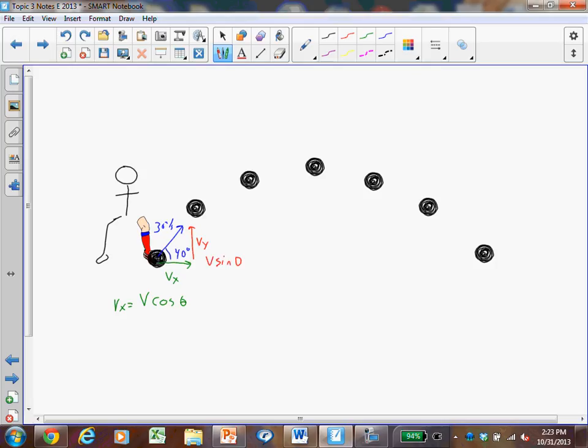And so if you do those calculations, you'll see 30 cos 40 is approximately 23 meters per second. And the y is 30 sine 40, or 19.3 meters per second. Okay?